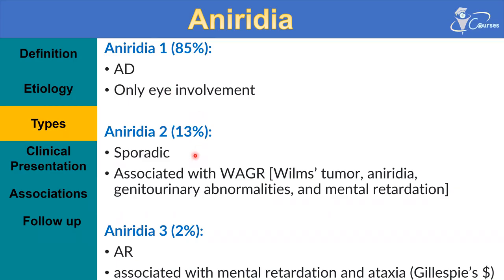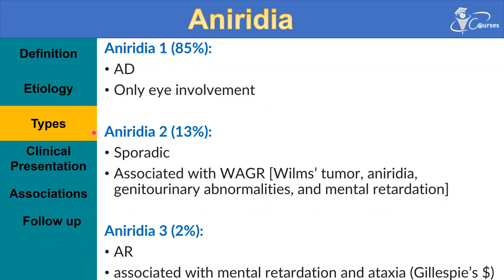Aniridia type 2 is the most important. Although it is only 13%, it is sporadic, so you will not find the parents affected or any familial affection, but those patients will be associated with what's called WAGR syndrome. WAGR syndrome is the presence of Wilms tumor, a tumor of the kidney, aniridia, G for genitourinary abnormalities, and R for mental retardation.